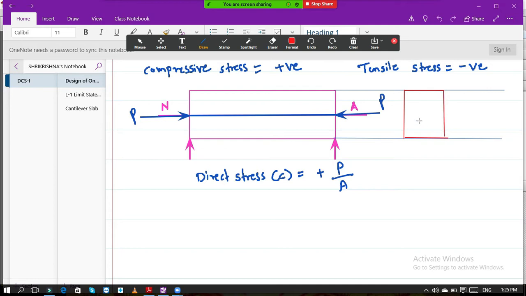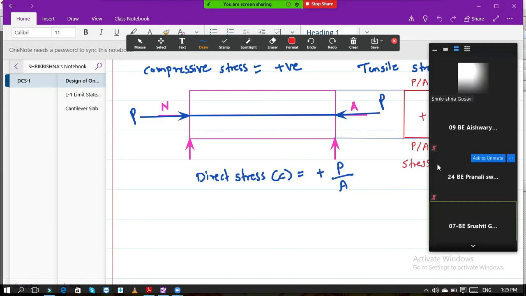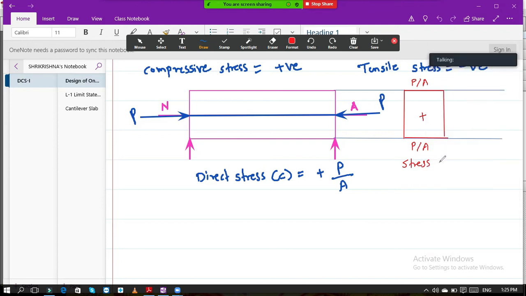This is your stress distribution diagram for direct stress. Okay. So here the value is P by A at top, and at bottom also the value is P by A. This is plus. You can call this a stress distribution diagram.